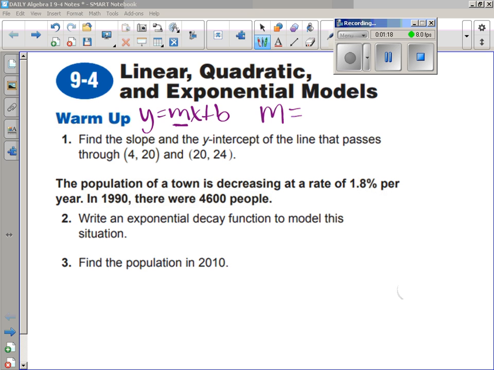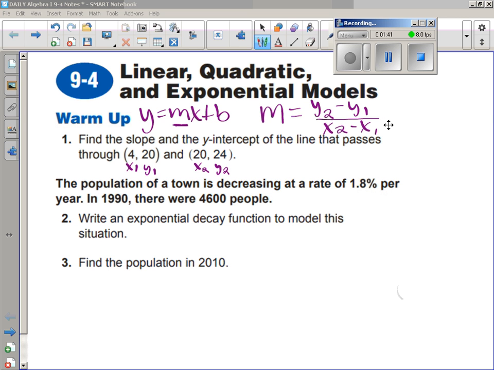To find slope, the formula is y2 minus y1 over x2 minus x1. So in this example, 4 would be x1, 20 would be y1, this 20 would be x2, and 24 would be y2.